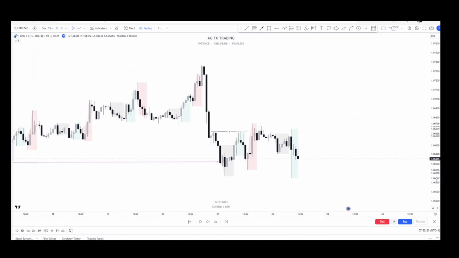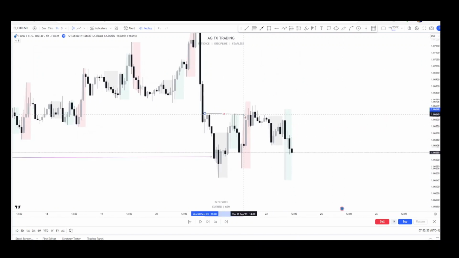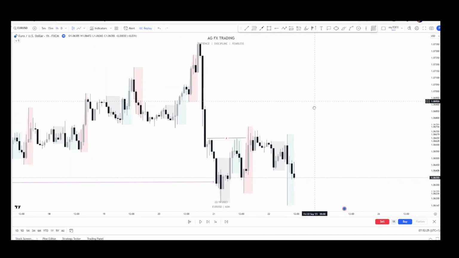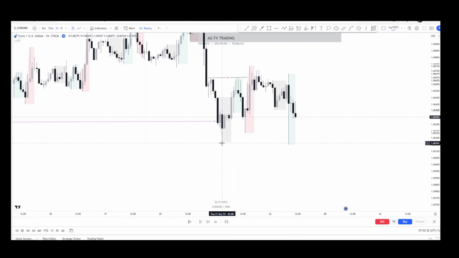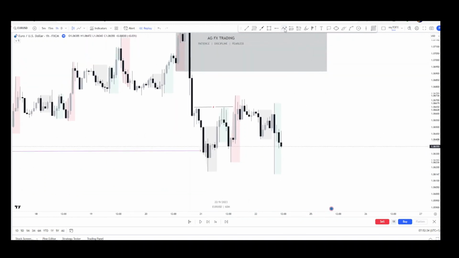So I was expecting that price will probably come back to this order flow since we didn't close below this low. So I was expecting something like this to go mitigate this, then drop.